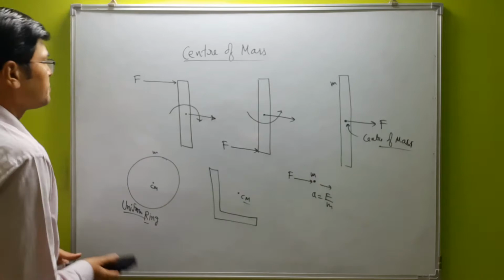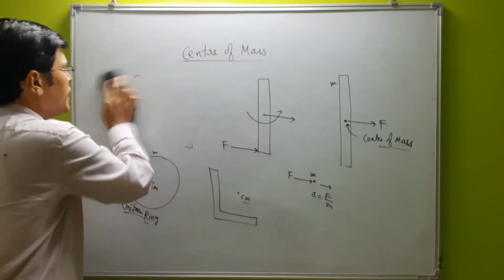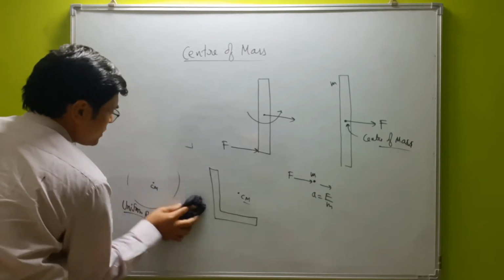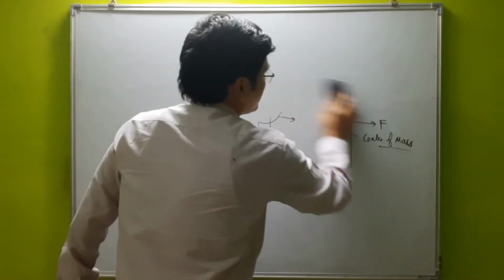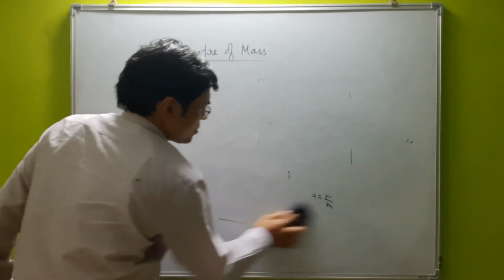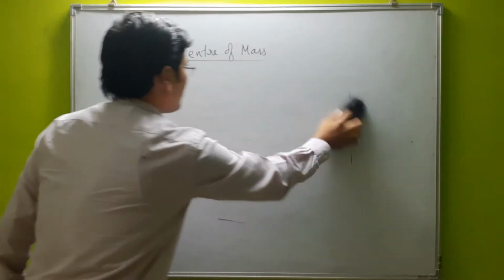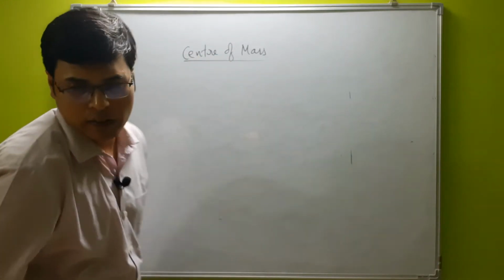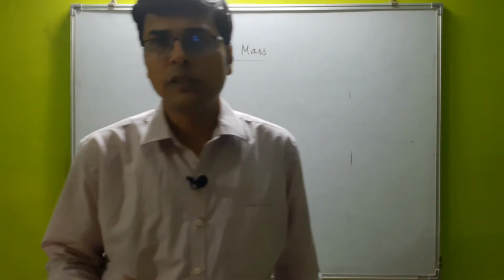Let's move further. Now, of course, we are trying to calculate the center of mass of an extended body. It's because we are talking about a rod, and of course a rod is an extended system, or you might call it a system of particles, which is made of an infinite number of particles.